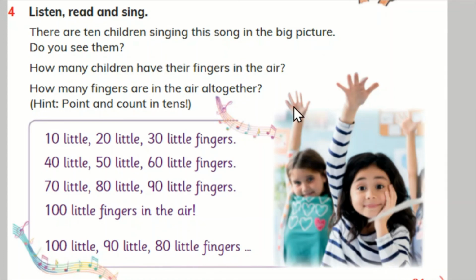Now, let's count backwards. 100 little, 90 little, 80 little fingers, 70 little, 60 little, 50 little fingers, 40 little, 30 little, 20 little fingers, 10 little fingers in the air.